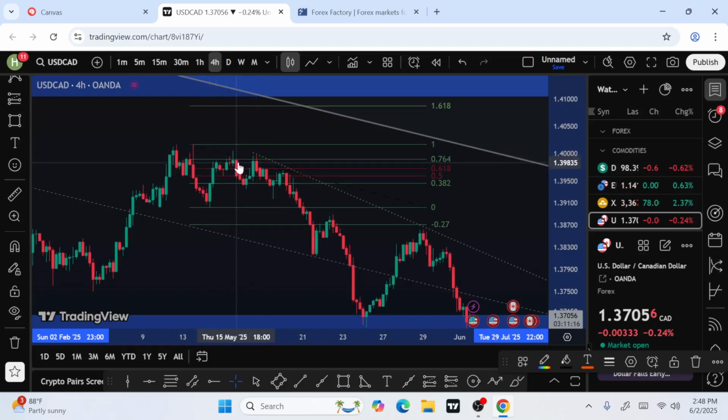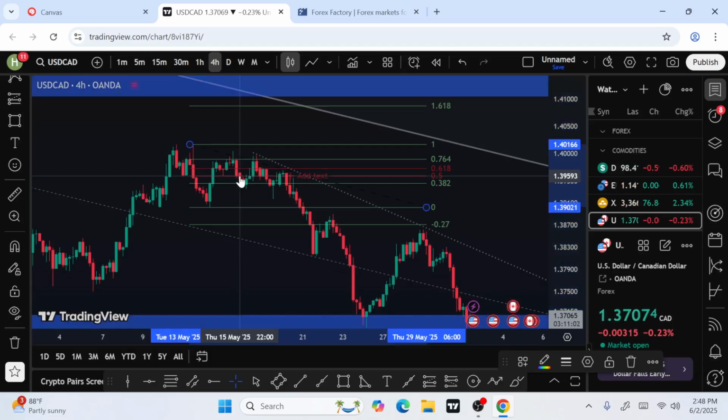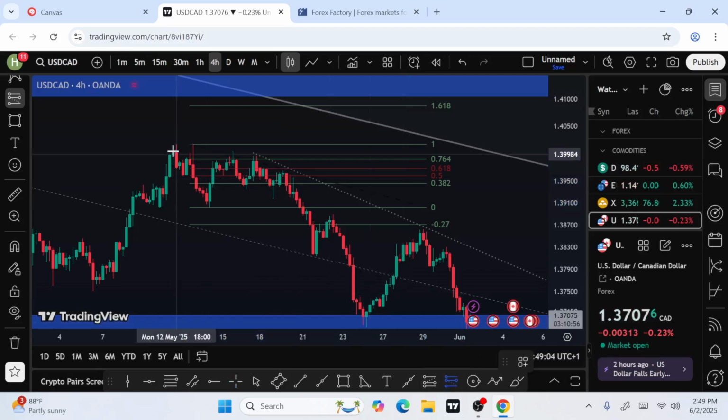So once you get it, boom, you are expecting to sell this market at this point. Once it forms and finishes, it is at this place. Yes, you will mark this point.